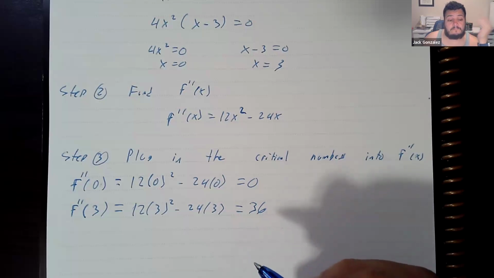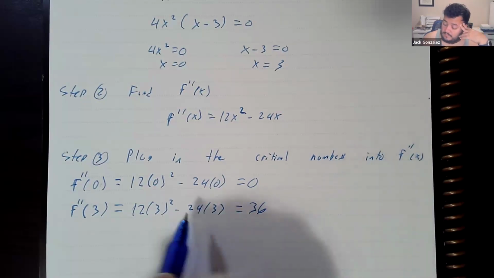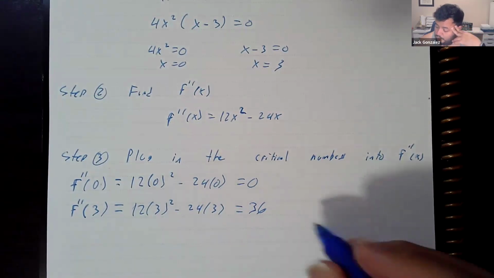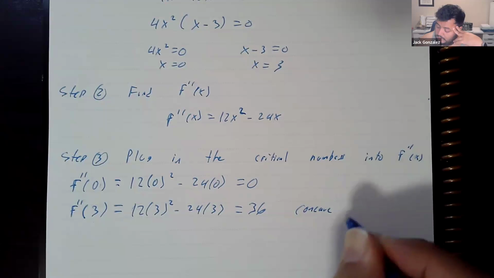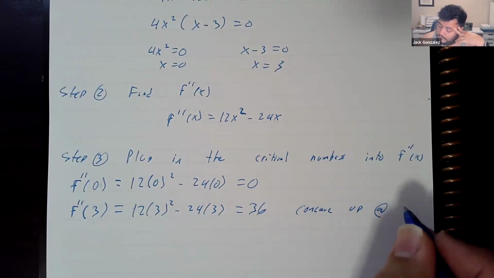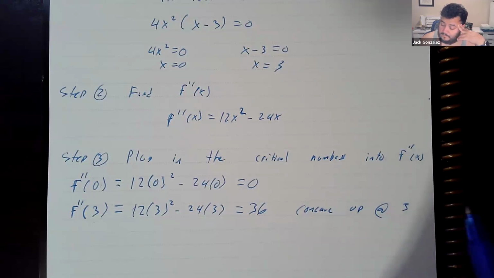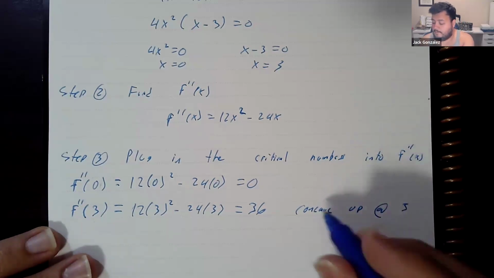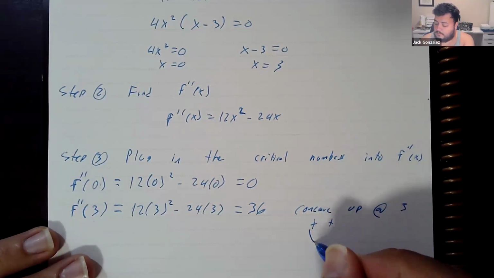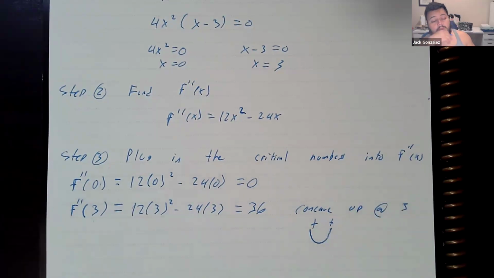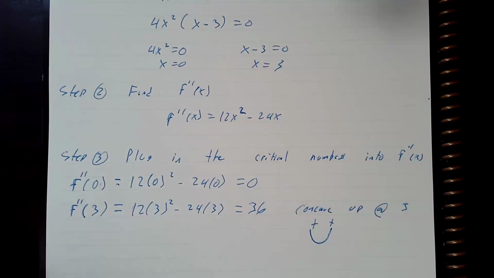It's positive, so we're concave up at 3. What does that mean? Minimum or maximum? Minimum, because it's opening up.